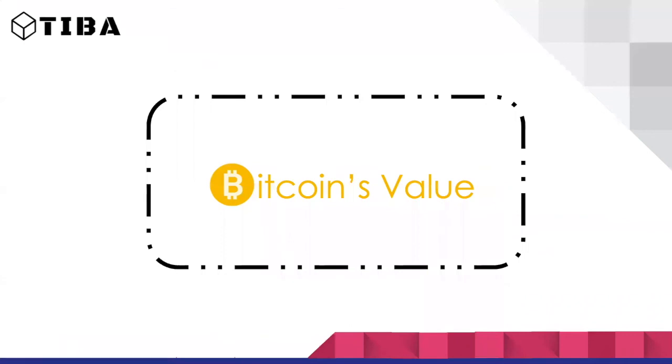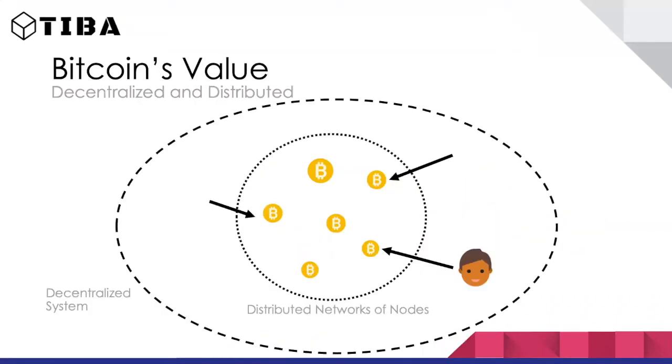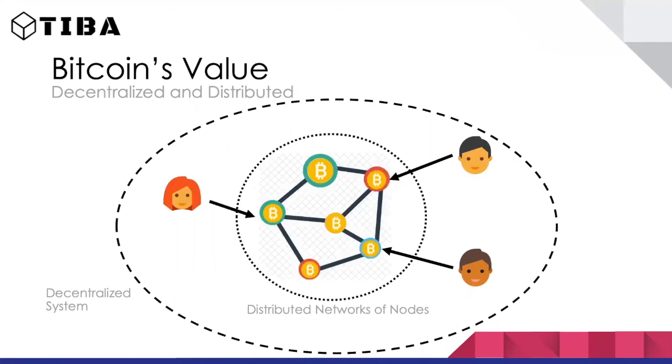So yeah, Bitcoin's value. Essentially, the way many people see Bitcoin is, you have a couple of things. You have this distributed network of nodes, which is this block right here.